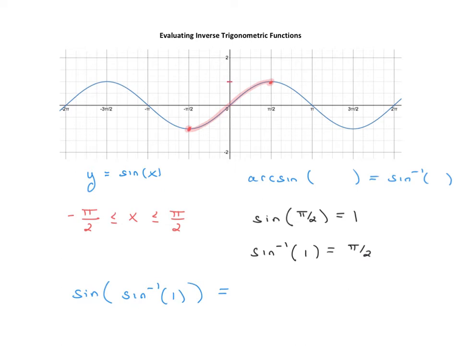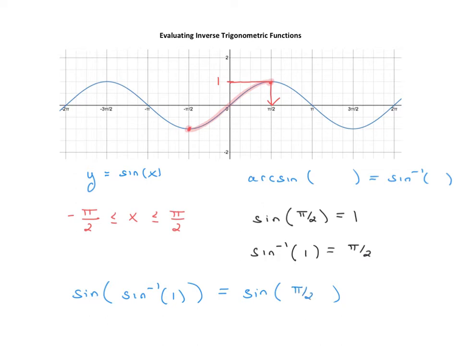So here is 1. When I put 1 into sine inverse, the first thing that happens is that 1 goes over here, which means we're referring to the angle of pi over 2. So step 1 is I'm going to replace the sine inverse of 1 with pi over 2.